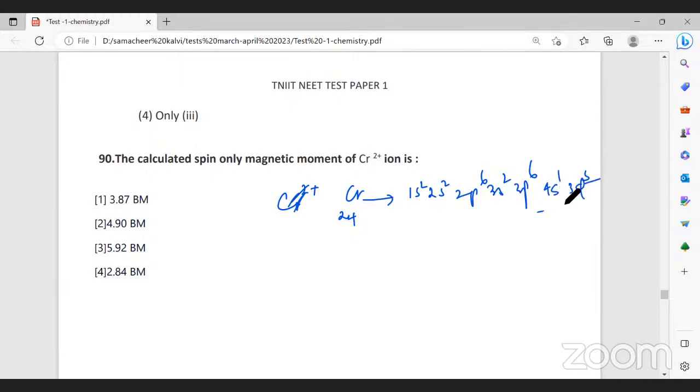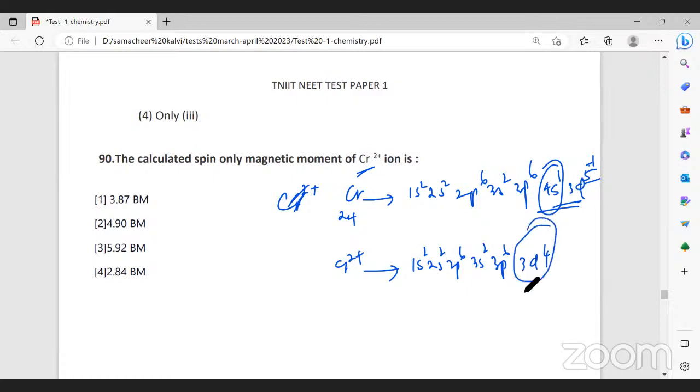This is the right configuration for chromium. 4s2, 3d4, people write it, it is not wrong, but due to stability, we get 4s1, 3d5. Since they've given chromium 2 plus, 2 electrons have to be lost, 1 electron from 4s and 1 electron from 3d. Therefore, the electronic configuration is 1s2, 2s2, 2p6, 3s2, 3p6, and you will have 3d4.